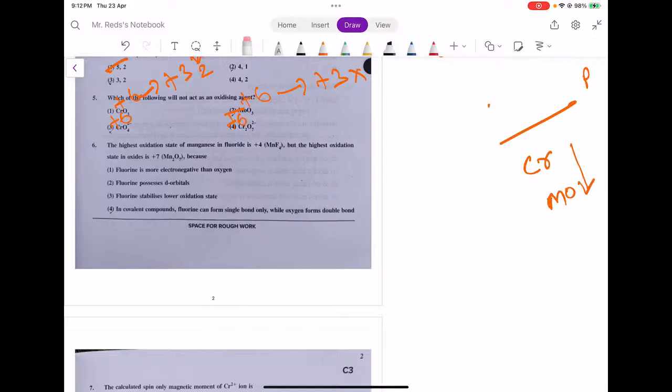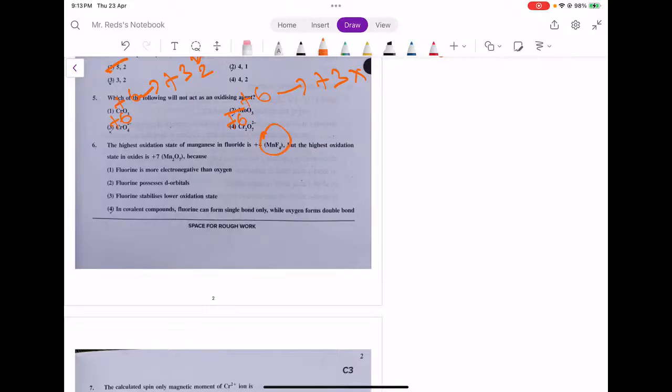Let us go to the 6th question, students. The highest oxidation state of manganese in fluoride is plus 4, manganese tetrafluoride.